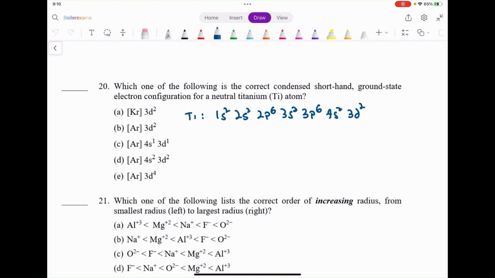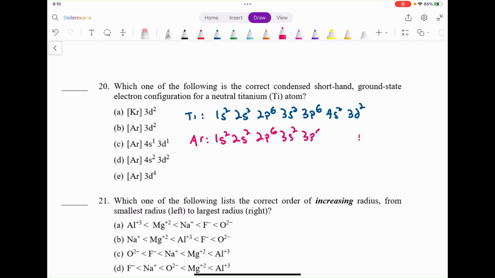And if we want to shorthand this, we're going to find the noble gas that comes before it, which is going to be argon. Argon is an electron configuration of this.